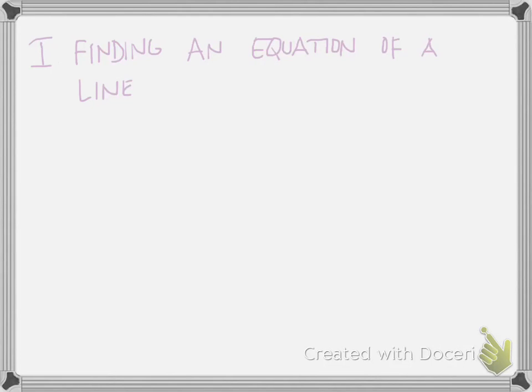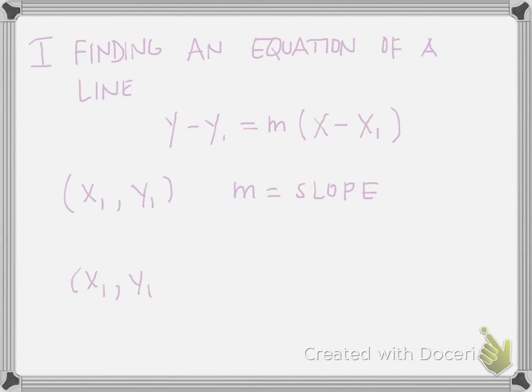You're going to use the formula y minus y1 is equal to m times x minus x1. So you're going to have to know a point that lies on the line, and you're going to have to know the slope. So you're going to either be given that, or you're going to be given two ordered pairs.